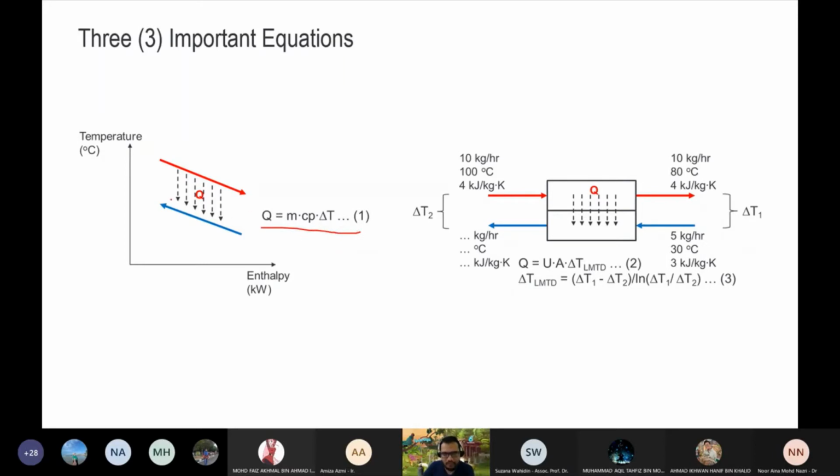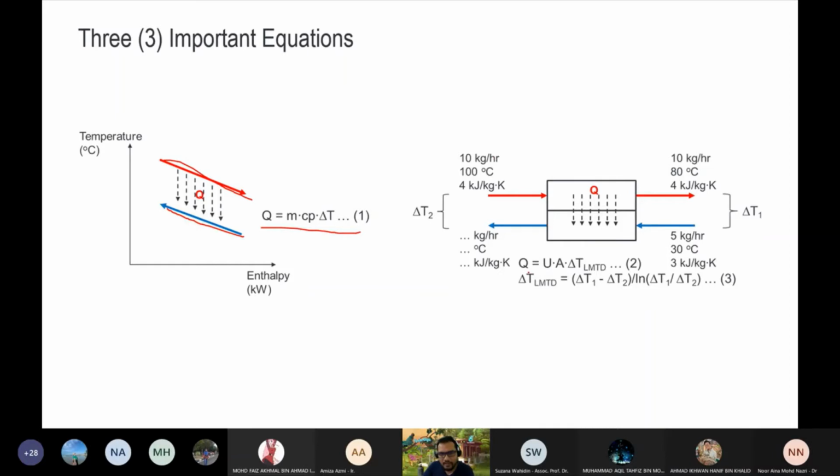We have a hot stream and a cold stream. The cold stream needs to be heated up, the hot stream needs to be cooled down. And the Q, or heat, can only be transferred from the high temperature region to the low temperature region. It's not the other way around, not from low to high. That's by nature. That's what we call sunatullah.